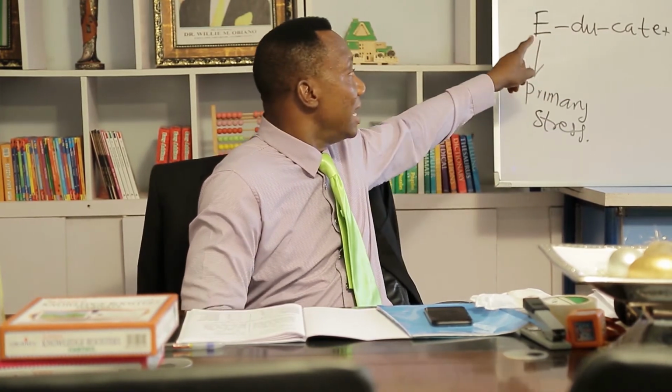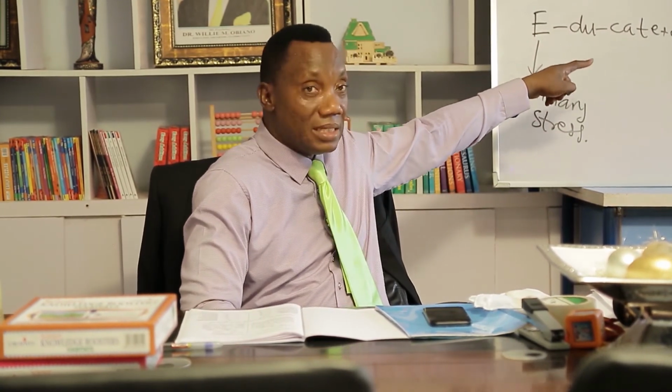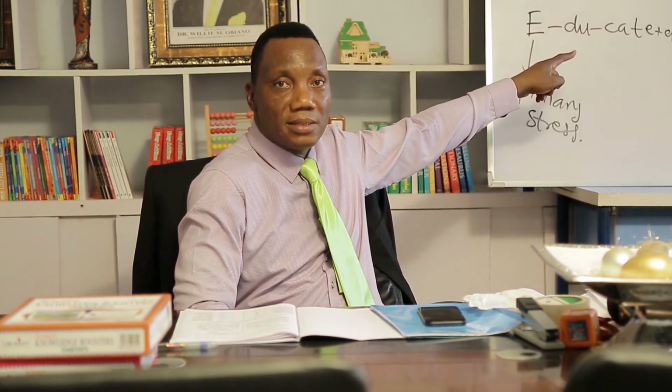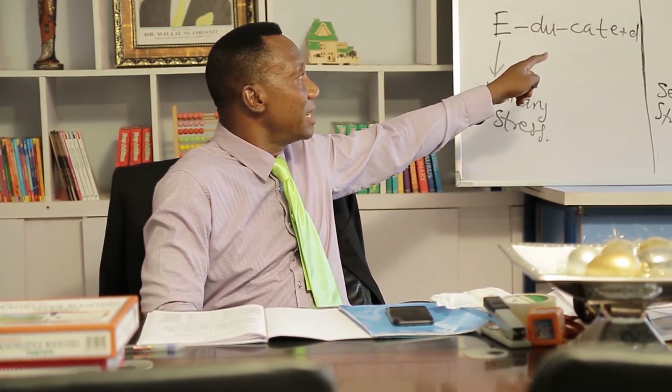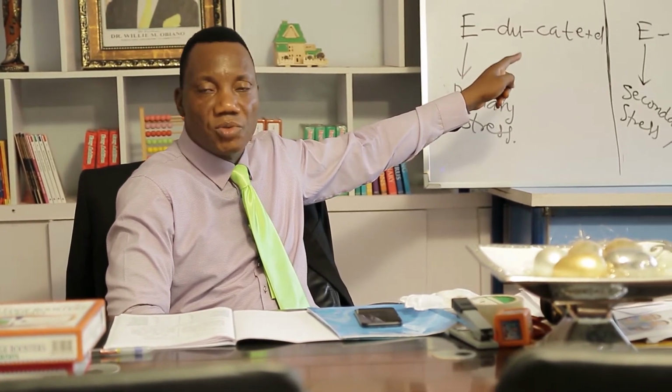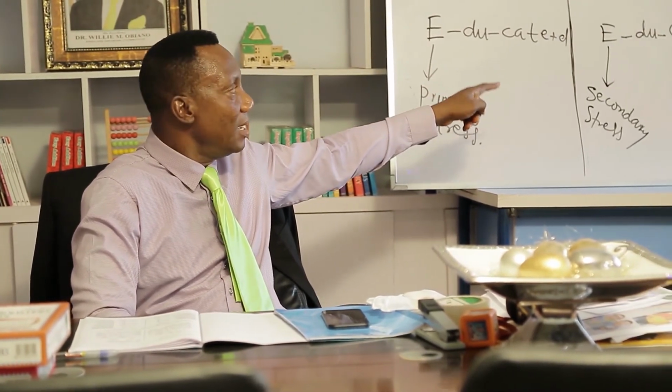But if you simply add d to the root word, the stress pattern is still the same. I'll show you how. On the board I did educate plus d, educated. If you remove the d and then make it tion, you now have secondary and primary stress patterns. Education.